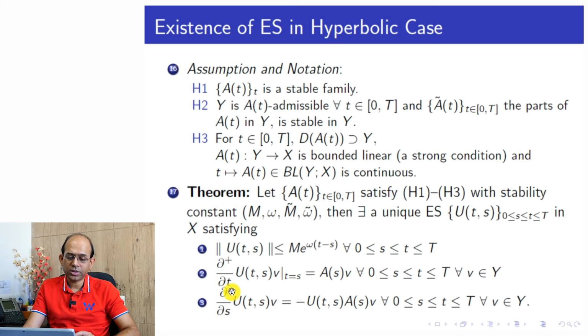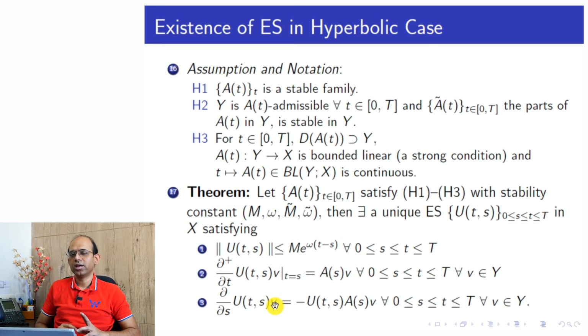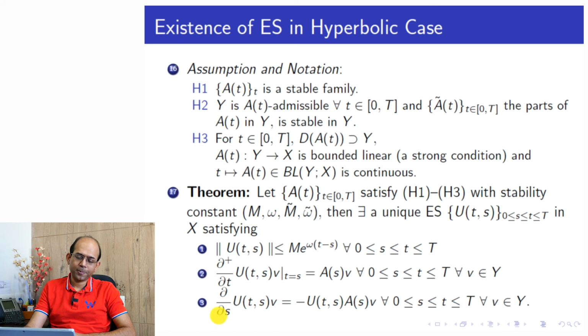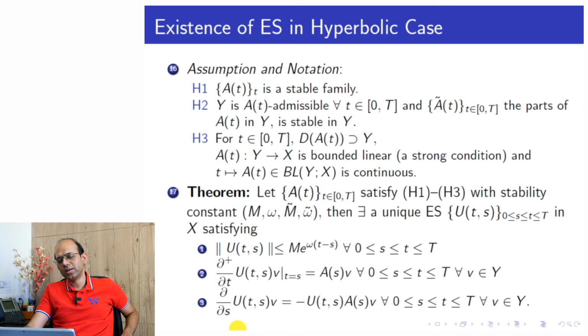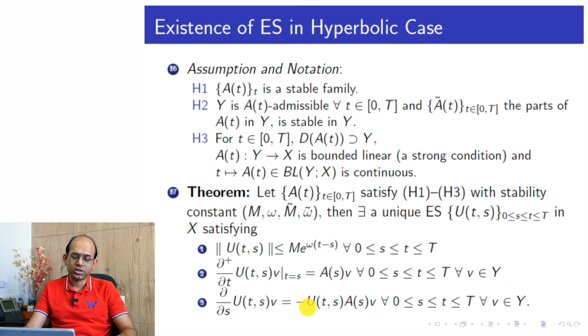The third property is the partial derivative with respect to the s variable. As I have said earlier, for the special case where A is time autonomous, this is like T(t minus s), and then due to the minus sign one should expect a negative sign here also, equal to minus U of A of v.